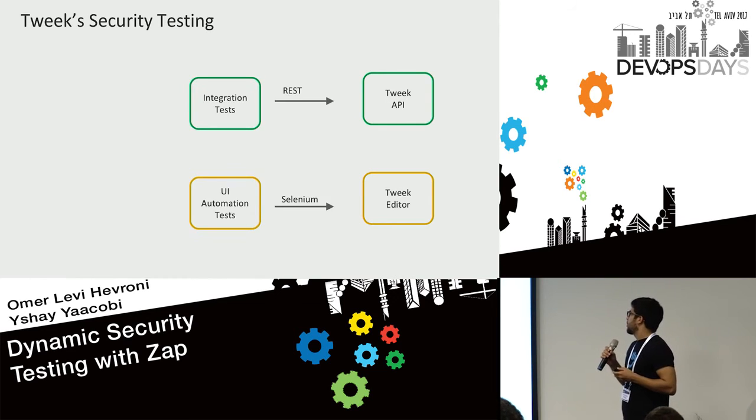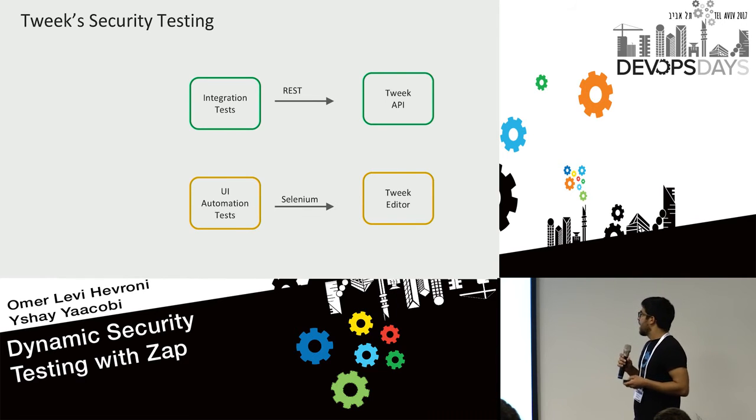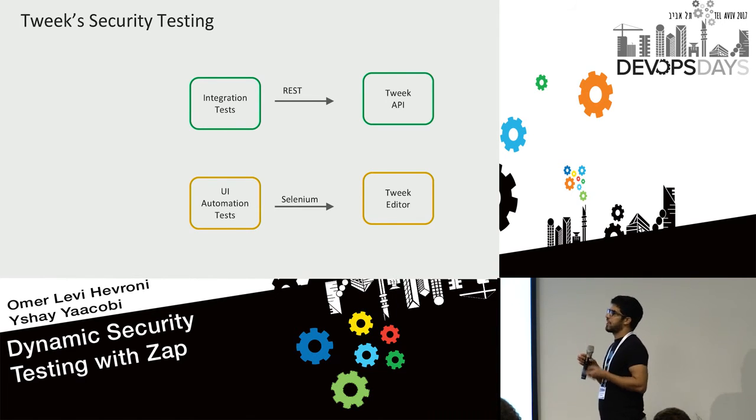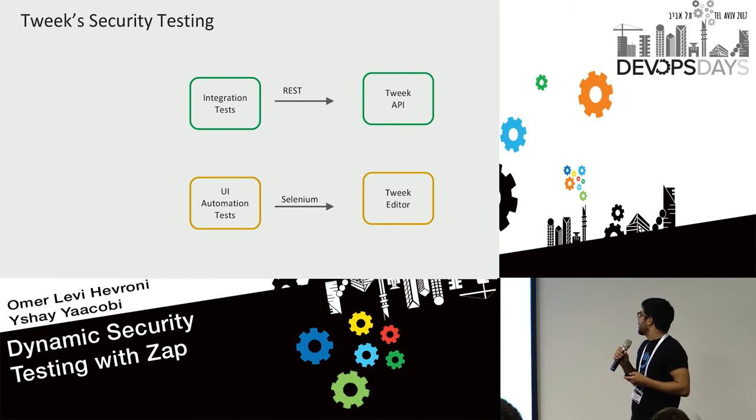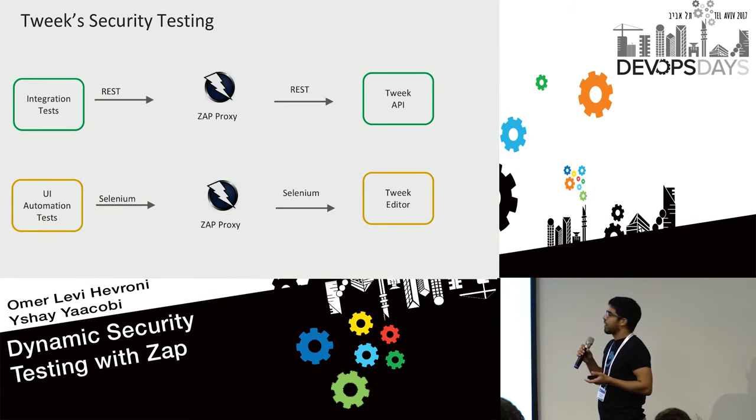Luckily for us, we're already doing it because we have automation tests. We have a UI automation test that checks our editor for all the common scenarios, assuming our coverage is good enough. And the same goes for the API. We have integration tests that check that the API works properly. So basically, the only thing we need to do is just put Zap in the middle as a proxy between our tests and the actual services.